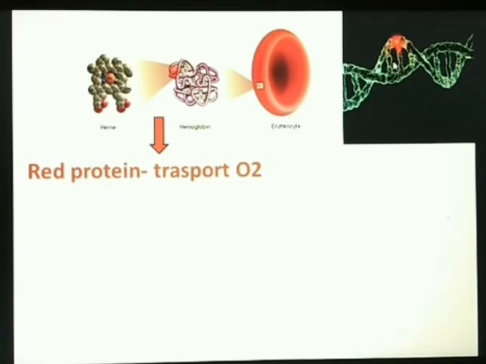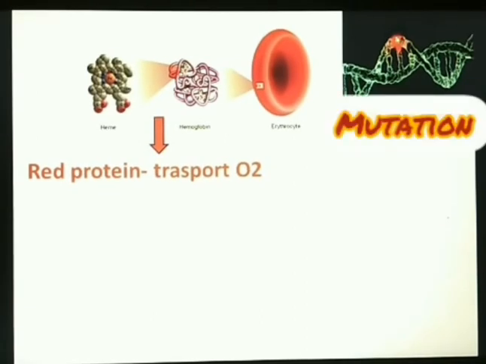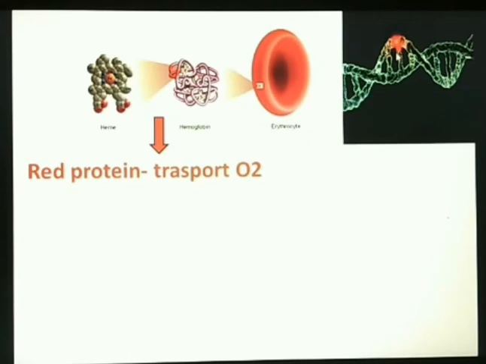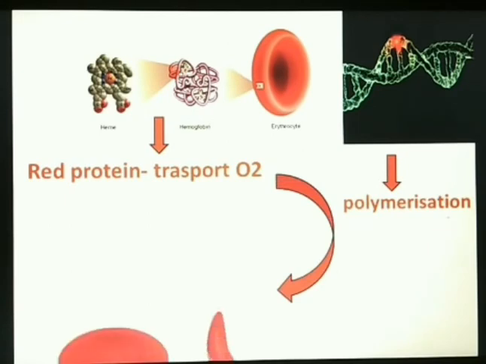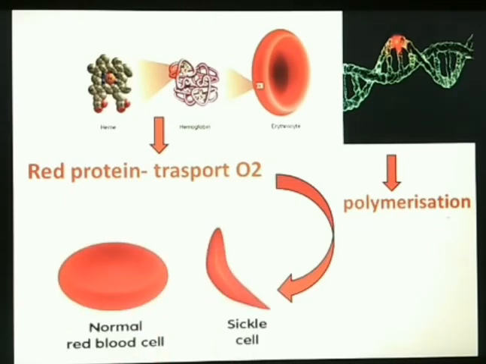But if, due to some reason, there is a mutation in the gene, it leads to abnormal hemoglobin, causing RBCs to change their shape to sickle from the biconcave shape.